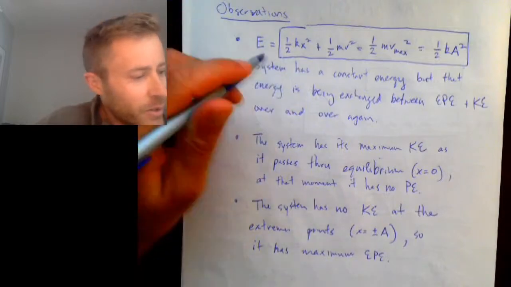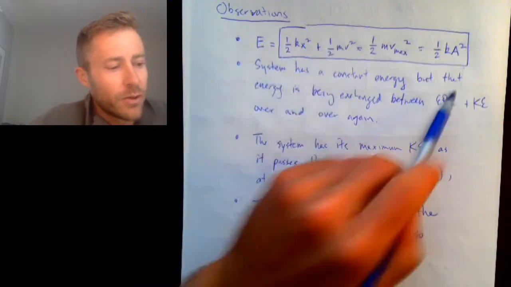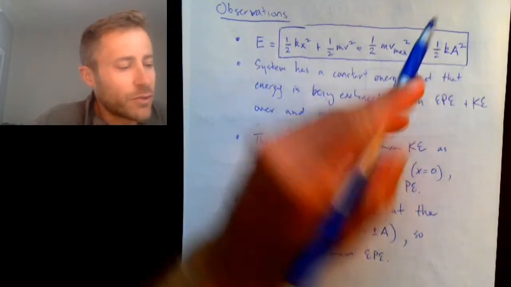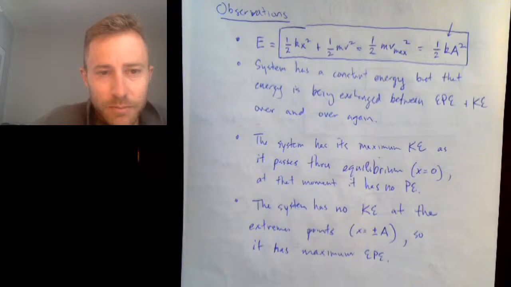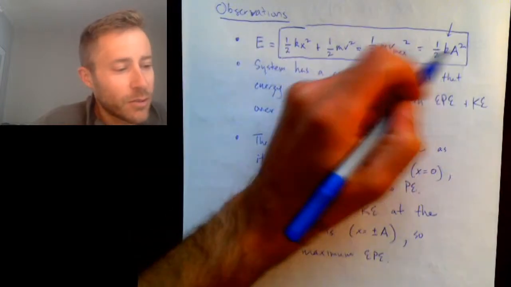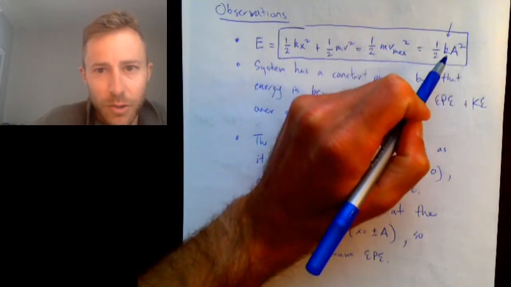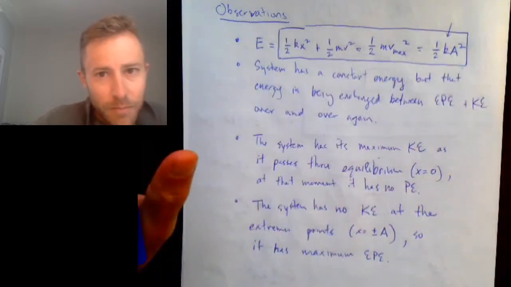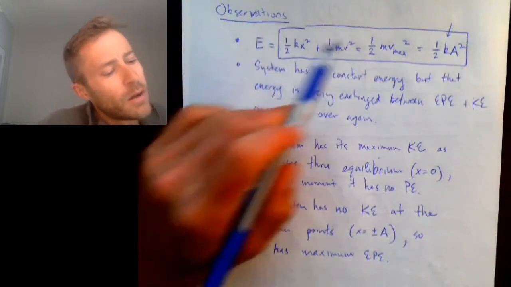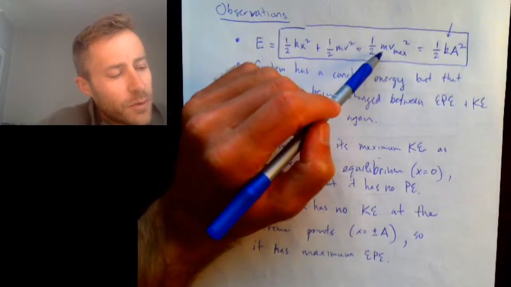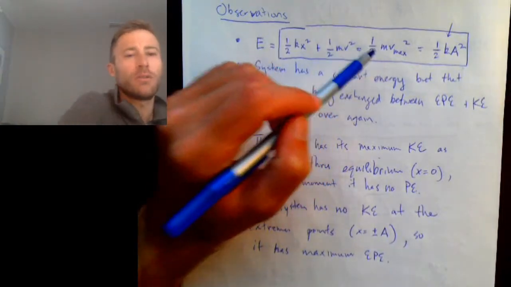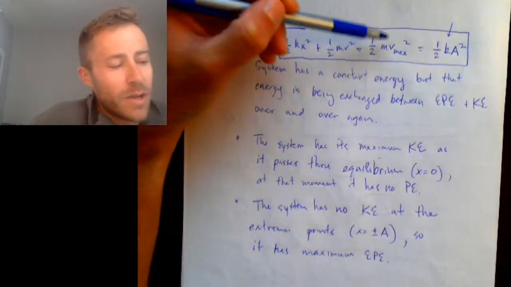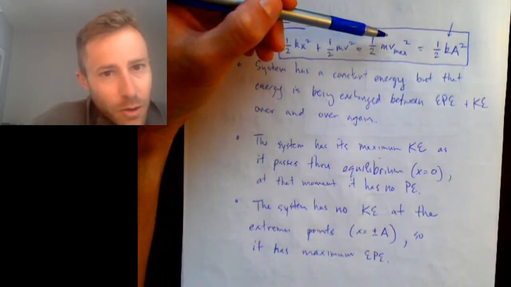But they're evaluating the energy at different points. So if we evaluate it at the extreme point, it's all elastic potential energy and no kinetic energy. So that's why there's only a 1/2 kA squared and there's not a 1/2 mv squared. If you evaluate it at the equilibrium point, then we have all kinetic energy and no potential.